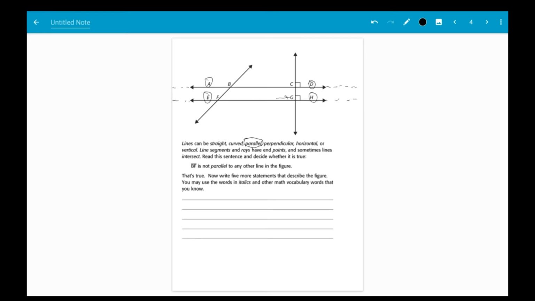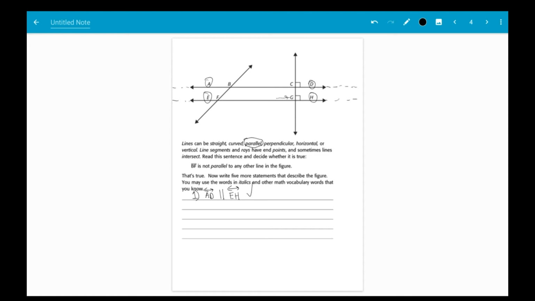So one statement that we could write is AD, the way we would represent this line is writing AD with the line symbol above it, and this is the symbol for parallel, AD is parallel to EH. So we know that for sure.